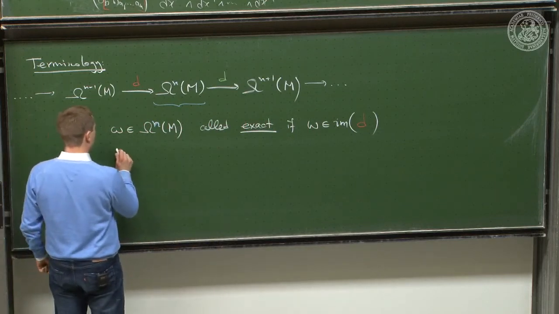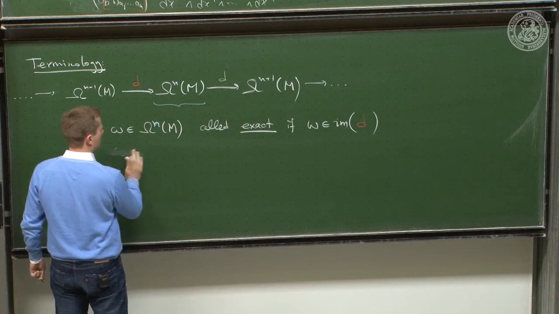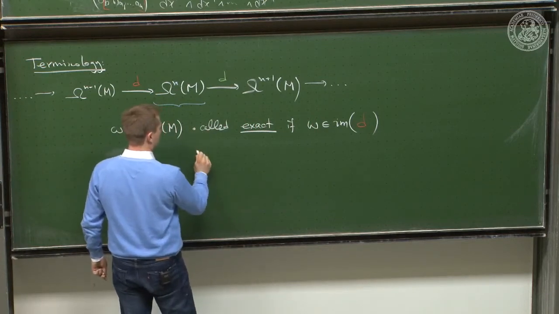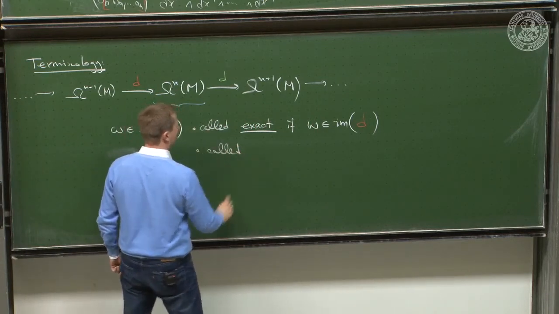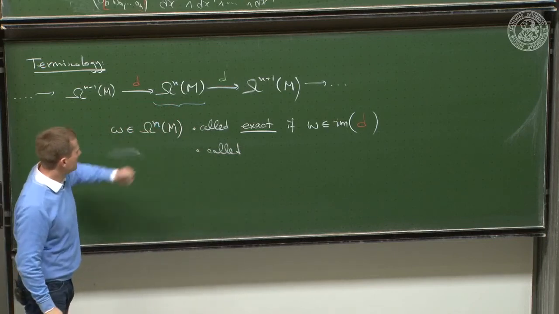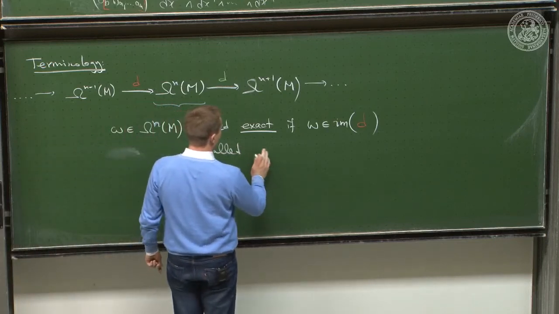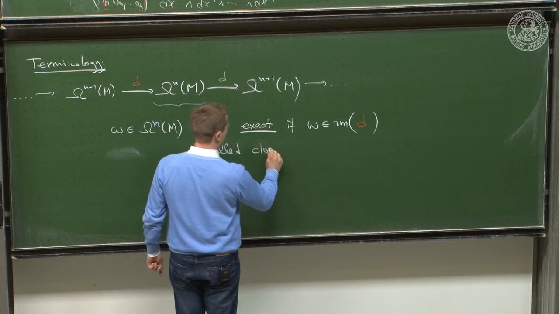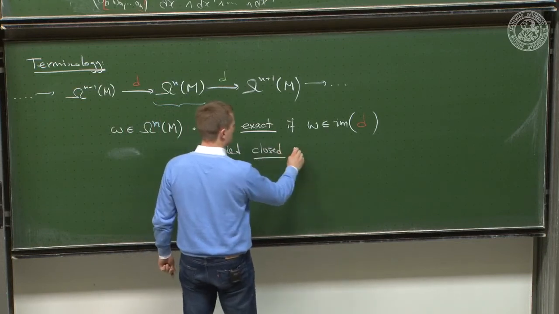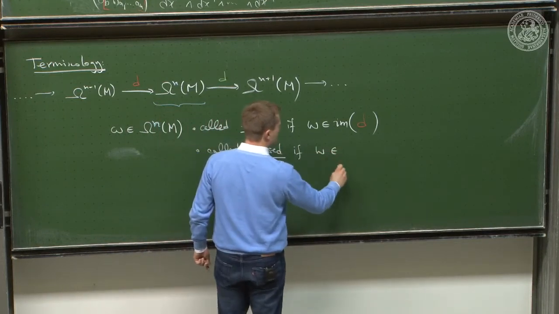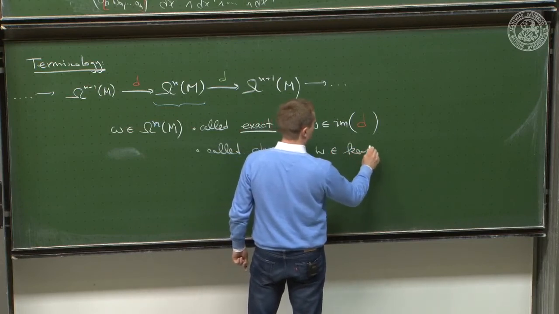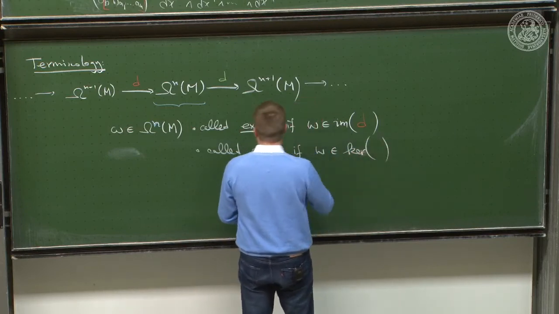And an omega in the n forms is called closed if it lies in the kernel, not of the same d, but of the next d.